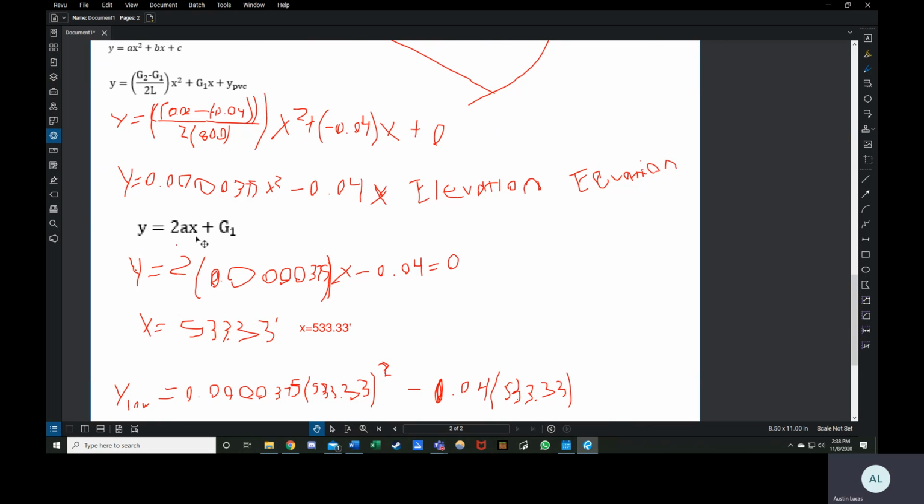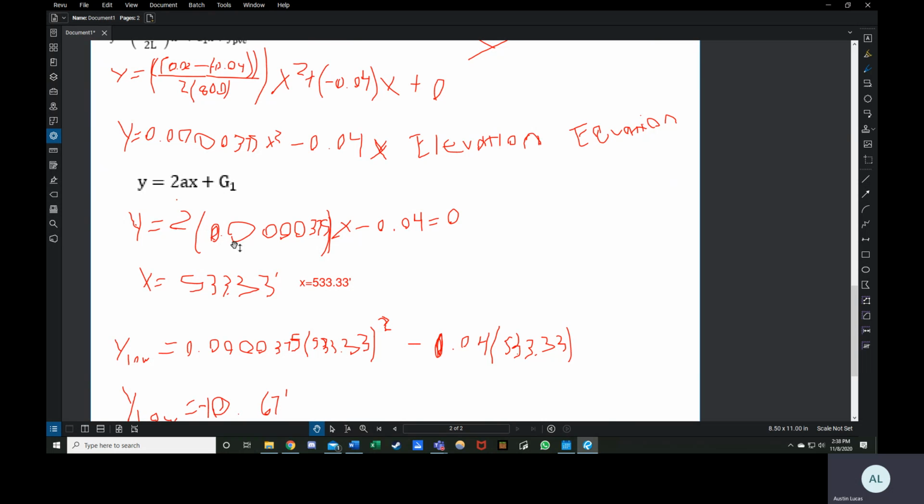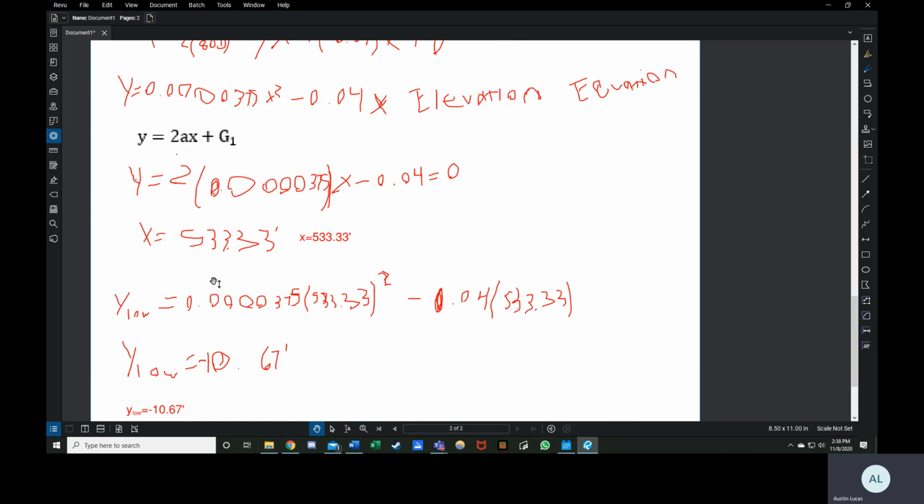Taking the derivative, it becomes 0.000075x minus 0.04. Then we set it to 0 and solve for x. So our x comes out to be equal to 533.3 feet.